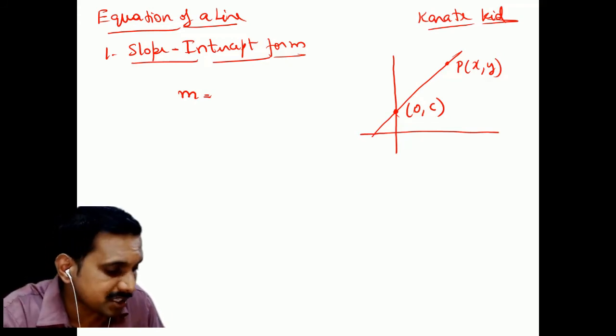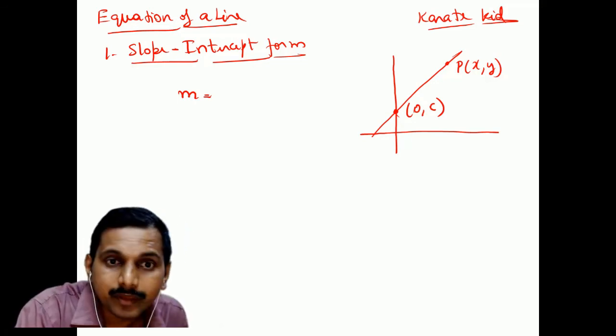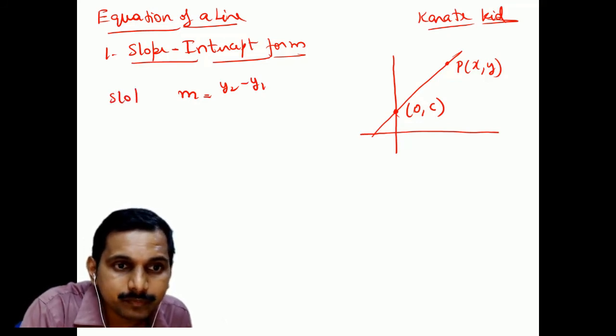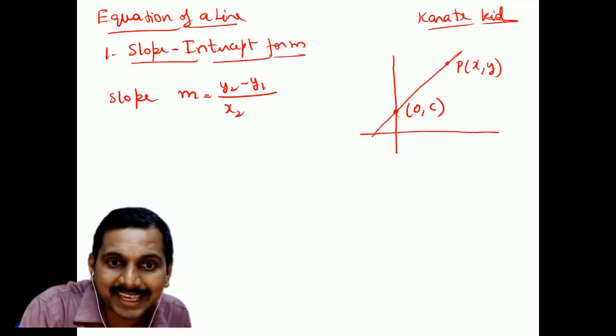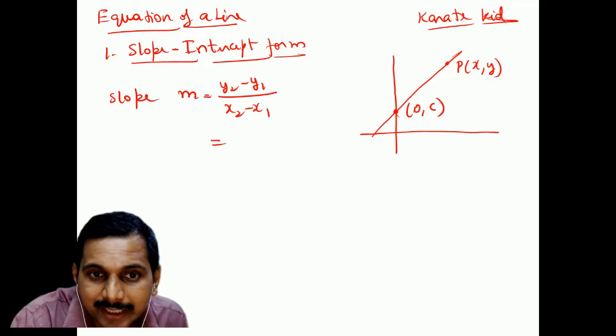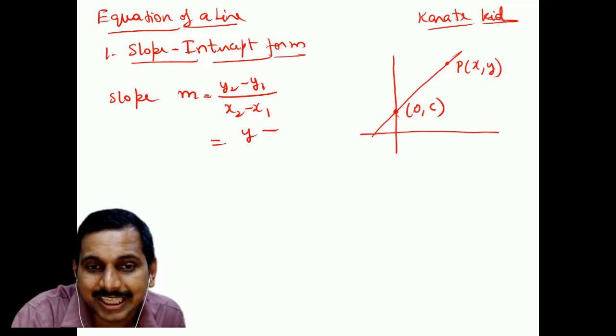If it is 0 comma c, how can I write it? Slope m is y2 minus y1 divided by x2 minus x1, correct? So what is y2 here? y2 is y. What is y1 here? y1 is c.